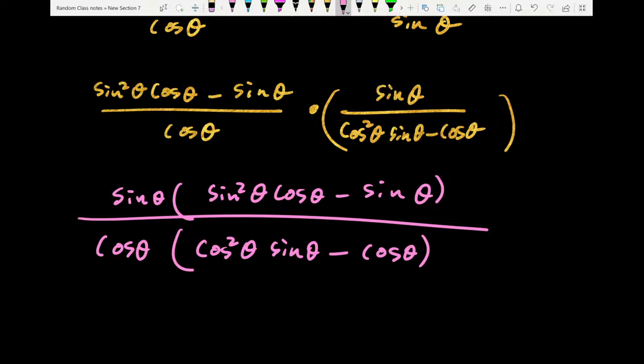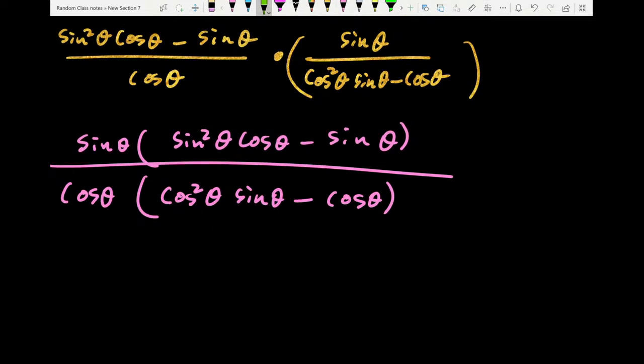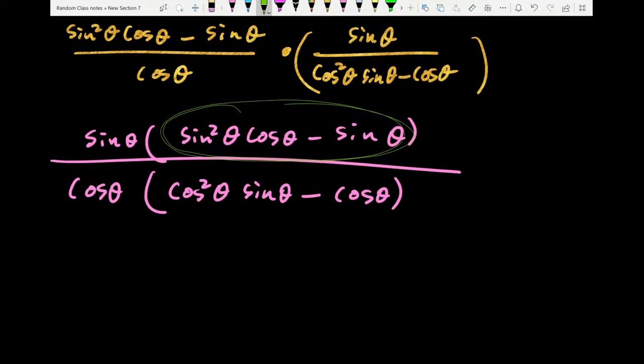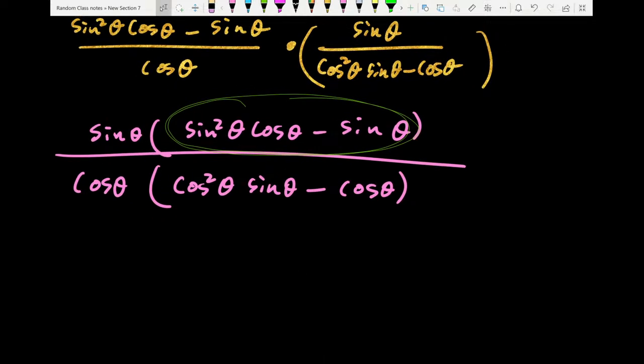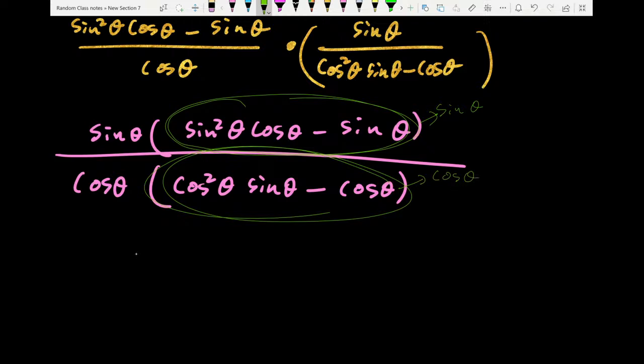Right? Is that correct? Now my question to you, ready guys? What can you factor out of this? You can factor out what? Sine, right? And what can you factor out of this? Cosine. And let's see what happens.